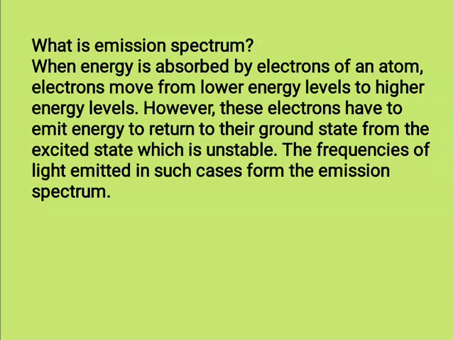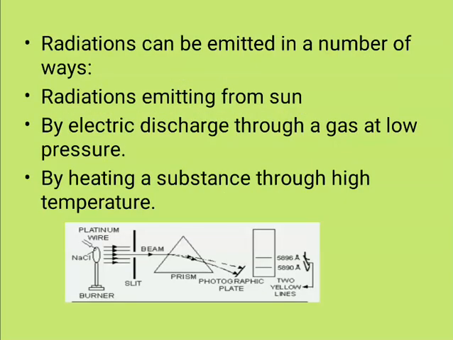The emission spectrum of the radiations can be produced in different ways. Number one, by radiations emitted from the sun. Number two, by passing electric discharge through a gas at low pressure. Number three, by heating a substance to high temperature.